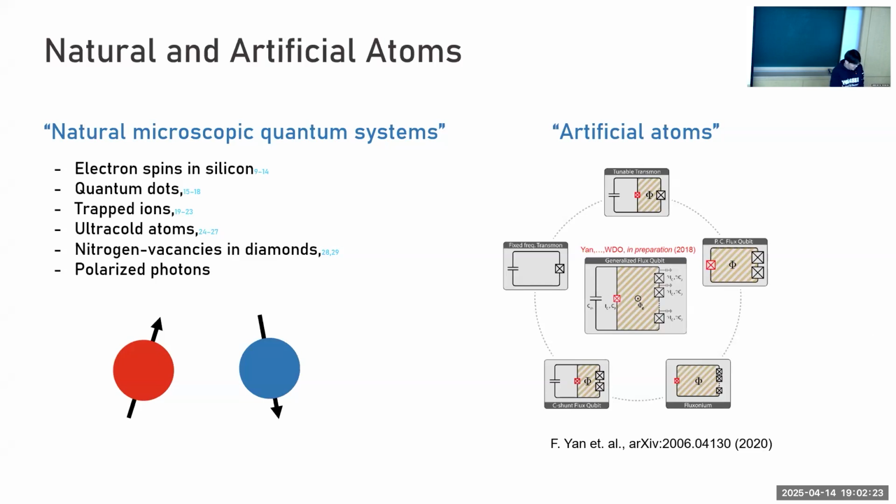First, electron spins in silicon, quantum dots, trapped ions, ultracold atoms, nitrogen vacancies in diamonds, and polarized photons are all natural microscopic quantum systems. So superconducting qubits are a kind of attempt at implementing artificial atoms, from microscopic quantum systems to macroscopic quantum systems.